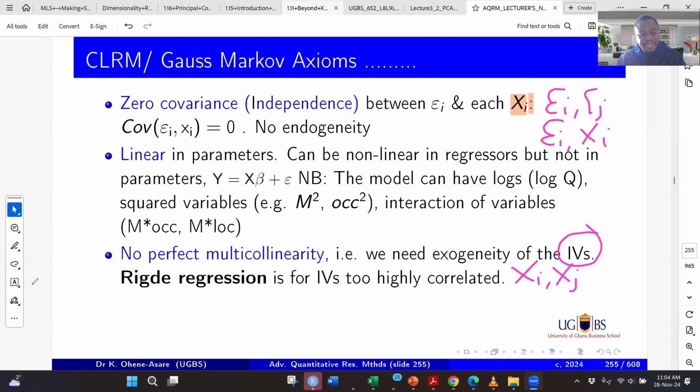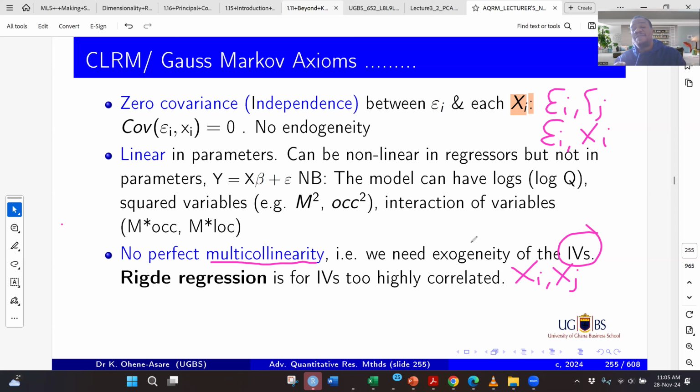So, let me define multicollinearity here. Multicollinearity exists when two independent variables, xi and xj, are so correlated that it becomes difficult to disentangle the partial effect of one from the other on the dependent variable.